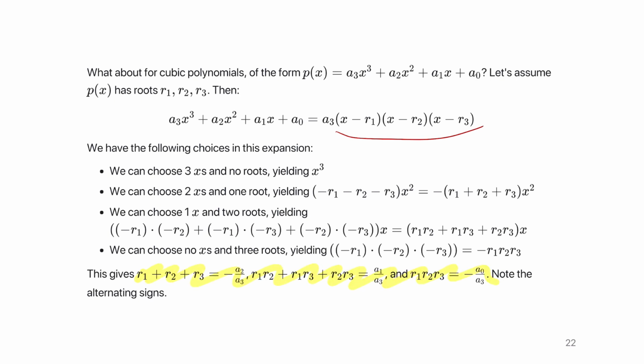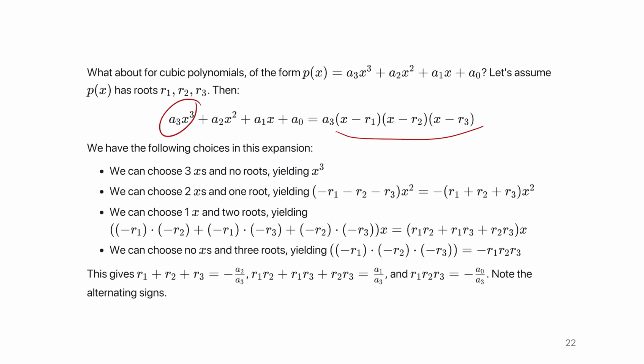I'll remove the highlight so it's easier to read. We get that the sum of the roots is negative a2 over a3. And what's a2 and a3? Well, a sub k is the coefficient of x to the k. So a3 is the coefficient of x cubed, a2 is the coefficient of x squared, and so on and so forth.